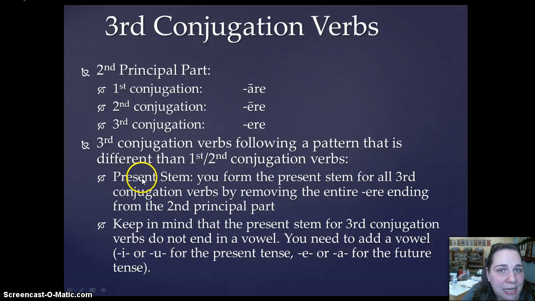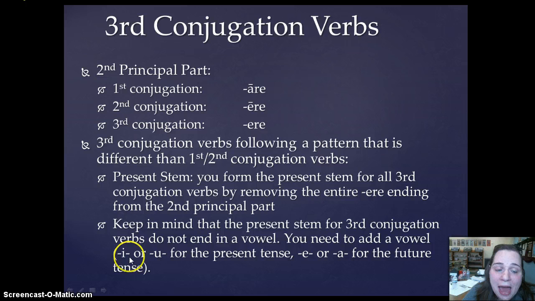To get the present stem for third conjugation verbs, you have to remove the entire -ere ending from the second principal part. And what that means is that your present stem is not going to have a vowel on the end of it. So you are going to have to supply the vowel, and that's a major difference between first and second conjugation verbs and third conjugation verbs.